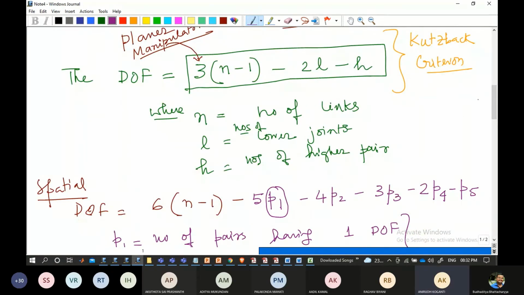Sir, my doubt is, is there actually any difference between mobility and DOF? No, it doesn't have any difference. Basically, degrees of freedom is a more colloquial and more preferred word compared to mobility, but I have checked in many books, and they use both degrees of freedom and mobility as a single definition.